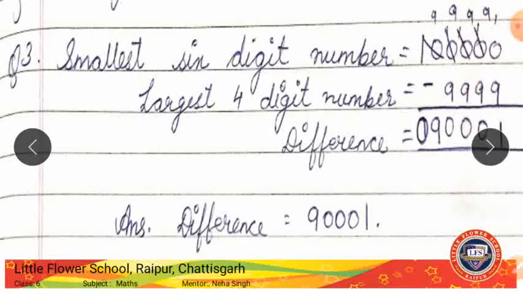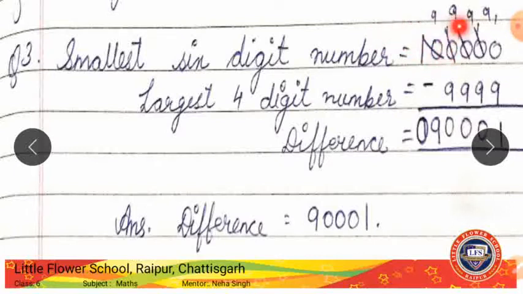When the smallest number is asked, it is like this. For the smallest 6-digit number, we'll write a 1 and 5 zeros. This will be the smallest 6-digit number. So we have written the smallest 6-digit number here, we have written the largest 4-digit number, and then we just need to subtract. Since this is 0, we cannot subtract 9 from 0, so we'll borrow.